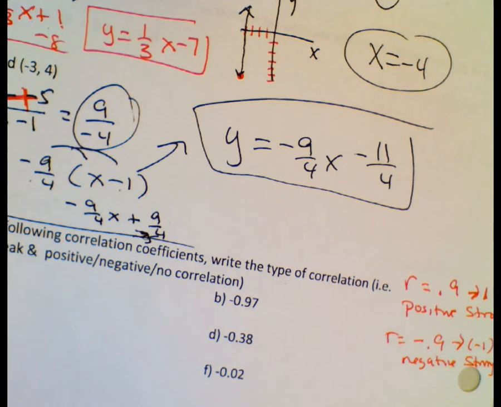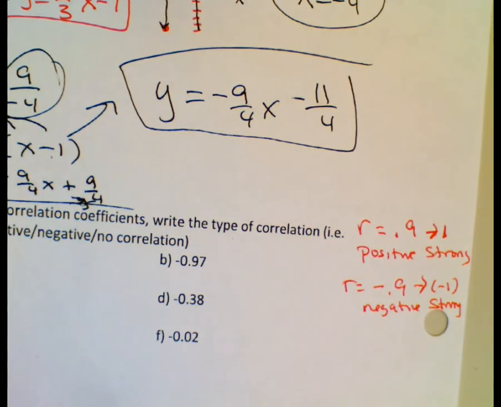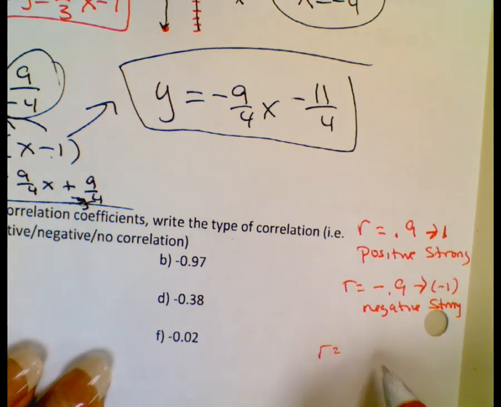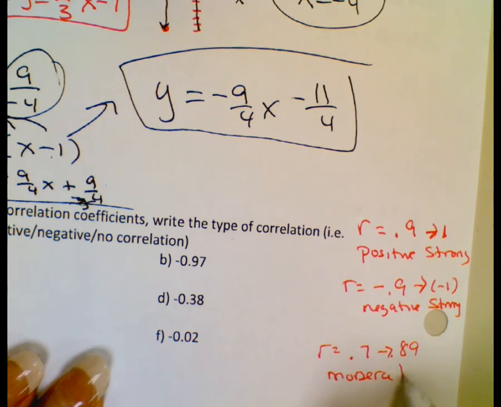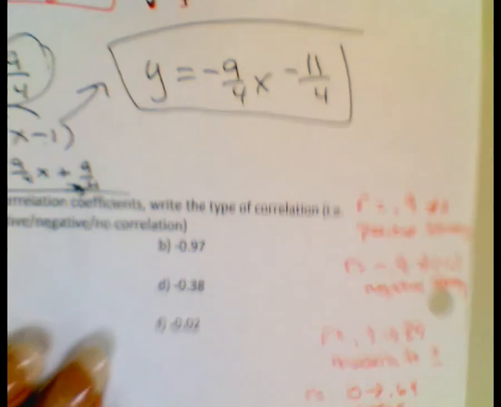So it doesn't matter if it's positive or negative. If it's 0.9 to 1 or negative 0.9 to negative 1, it's strong, and it's either positive or negative. Now I say if it's between like 0.7 to 0.89, negative or positive, you say moderate. And I always say if it's below like 0 to 0.69, I say it's weak, positive or negative, depending on what it is.